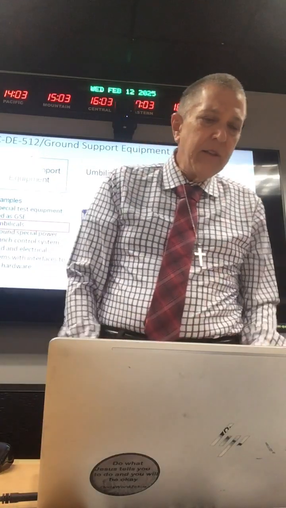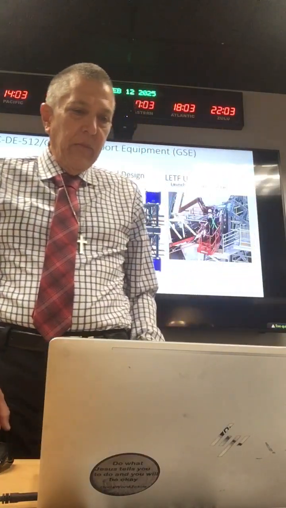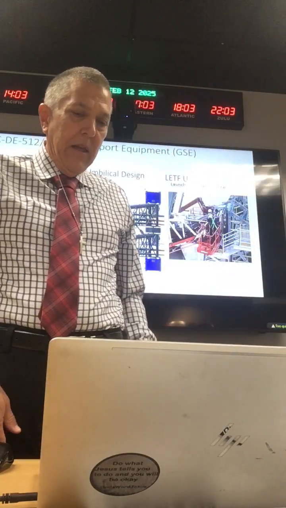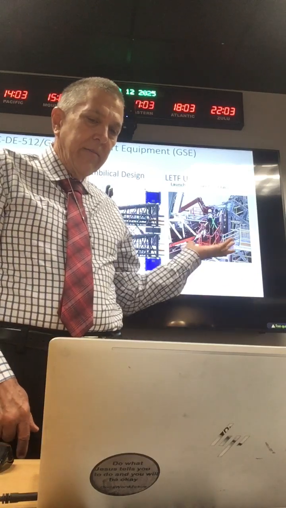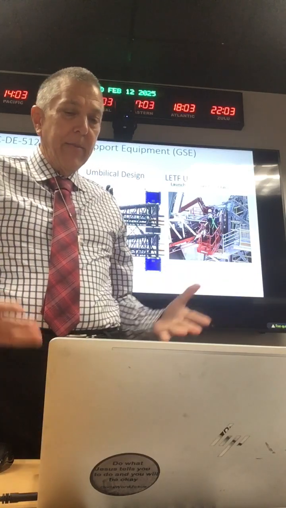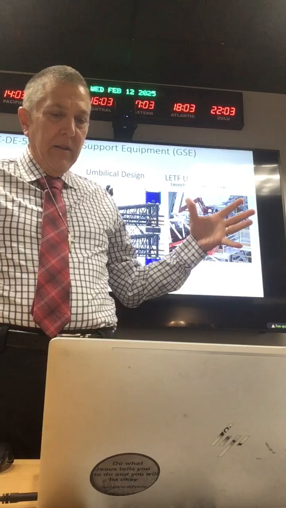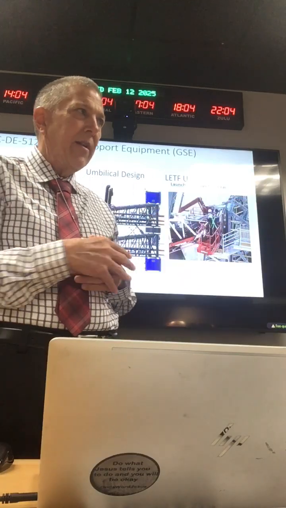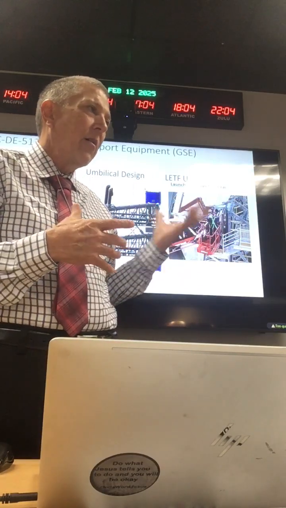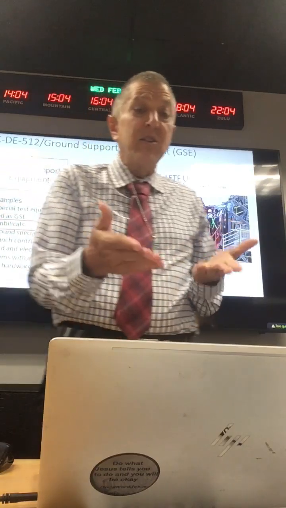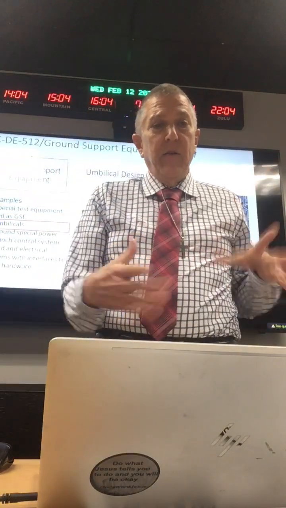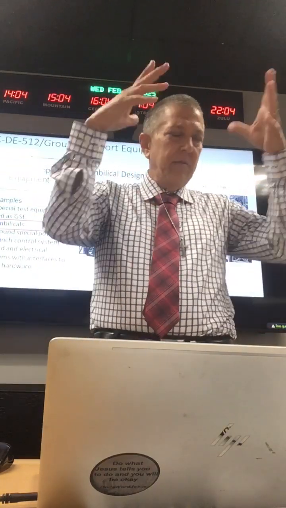And then on the list is umbilicals. These two are umbilicals, and on the other side, that's them at the LETF, where they test the umbilicals. We have a big field where we test the umbilicals to see how they work. It simulates the rocket, and we use the actual umbilical, and we have a thing that shakes like it's launching.